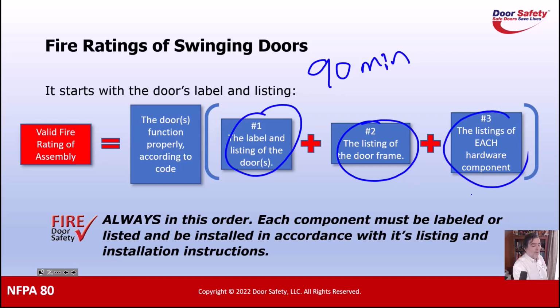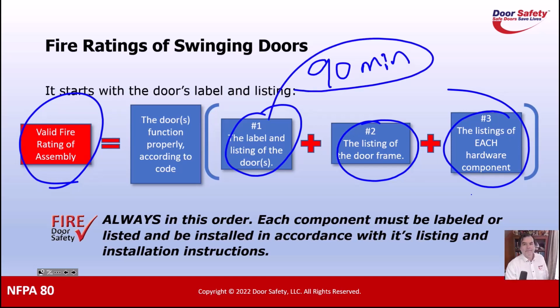But if we put hardware on the door that is not rated for 90 minutes, let's say it's only rated for 20 minutes, then theoretically, and maybe even more than theoretically, that becomes the maximum rating of the assembly. You could look at it that way, which means we may have a valid 20-minute assembly, but we don't have a valid 90-minute assembly, because it all has to work together.